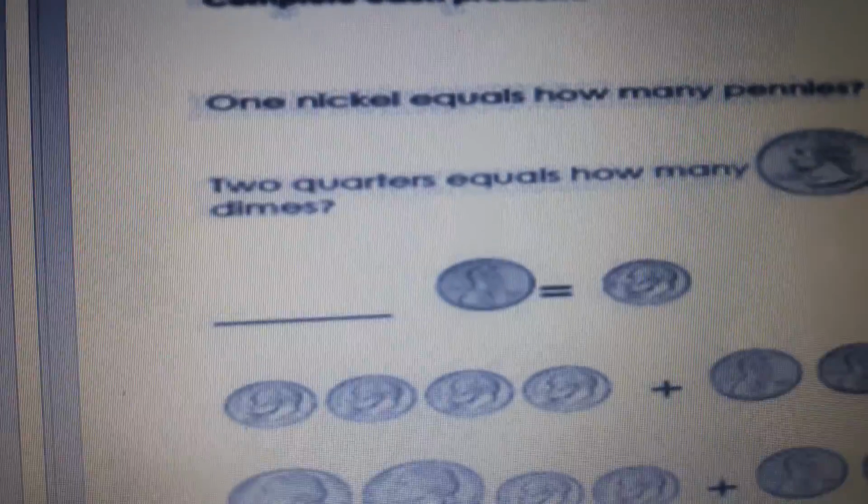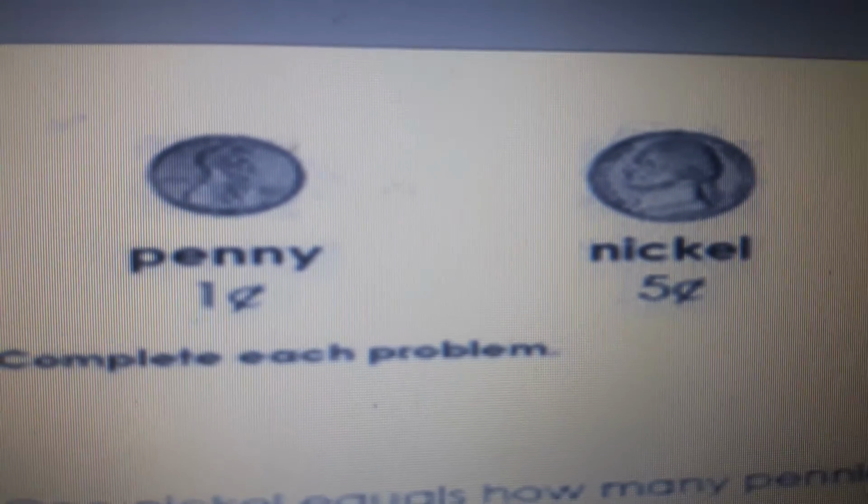Let's move to the next one. He gives me only pictures. Okay, let's return to the pictures. This one is, yes, the dime. He wants me to calculate the dime, which is 10 cent, and these pictures are for the penny coin.